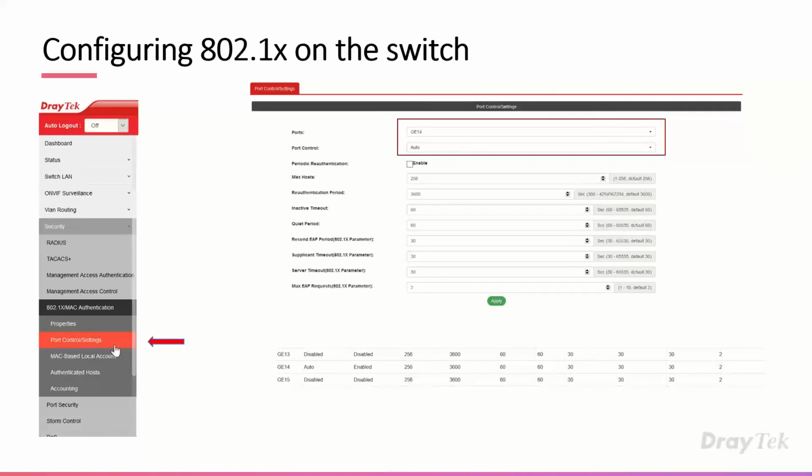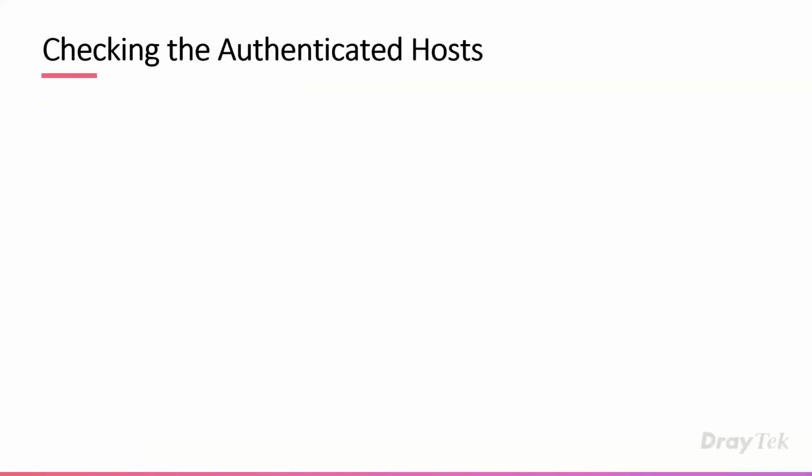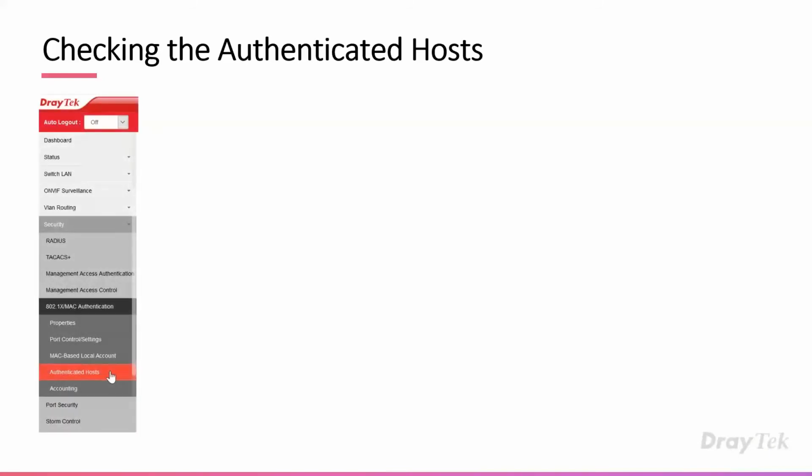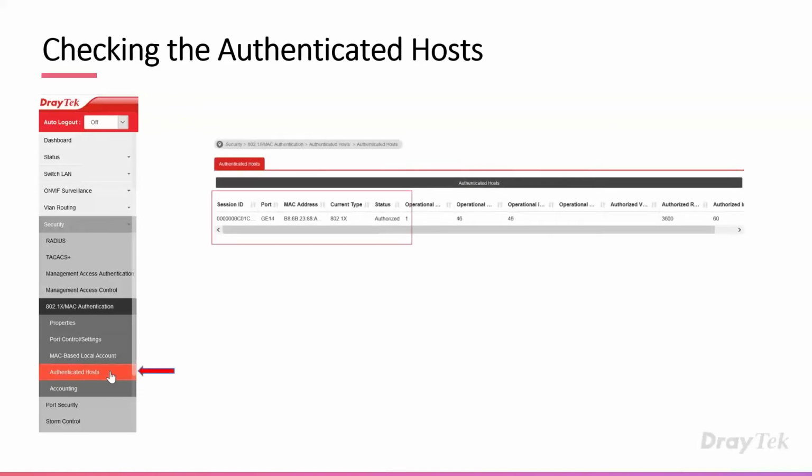It's enabled and the port control is set to auto. Now, let's see if we successfully authenticated any hosts. So moving to authenticated hosts under the same menu, we can obviously see on gigabit port 14, we have an 802.1x authorized user.